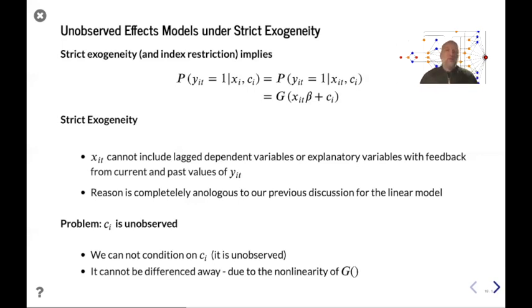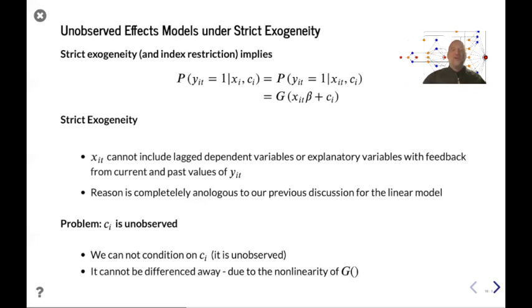So if you think of, say, y being committing a crime, and x being whether or not you spent time in jail at time t, then maybe you think that if you commit a crime, that potentially has an effect on the future values of the explanatory variables, which would be whether you're in jail. So in other words, there could be feedback from present values of the outcome variable to future values of the explanatory variables.